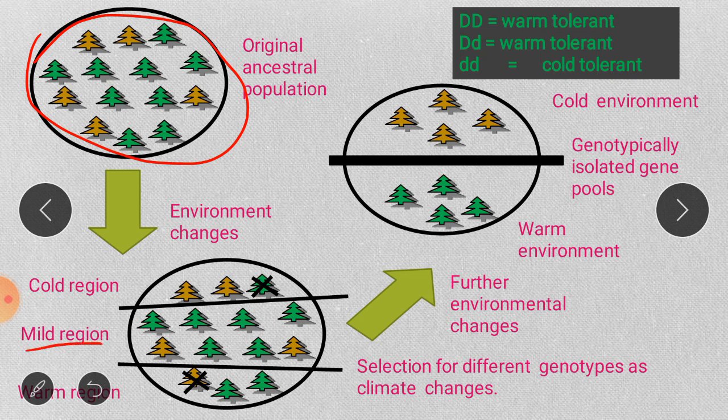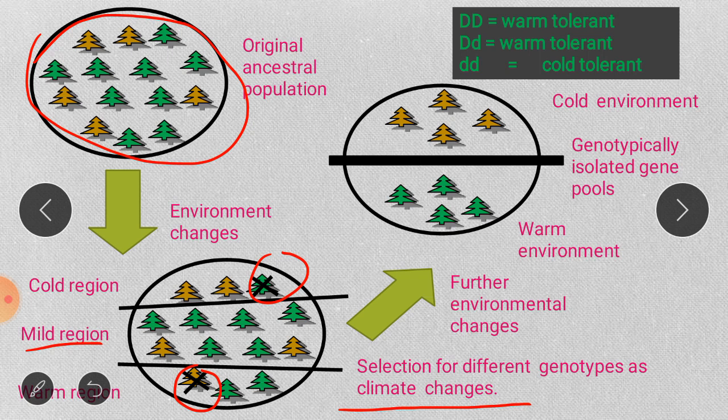Accordingly, these green colored plants are unable to survive in the cold region and therefore they are going to be extinct. In the same manner, the orange colored plants are unable to survive in the warm region and therefore they are going to be extinct. So selection for different genotypes takes place as climate changes.